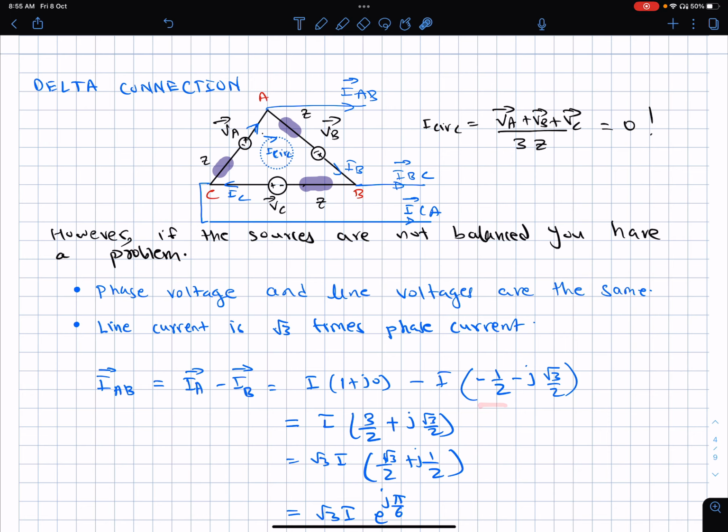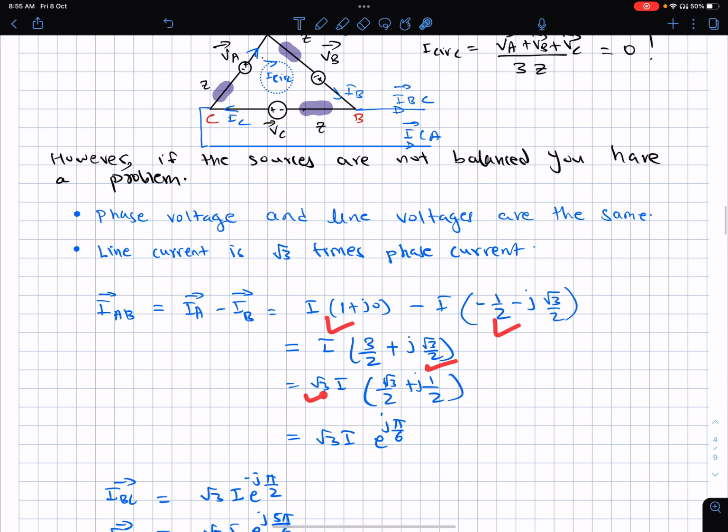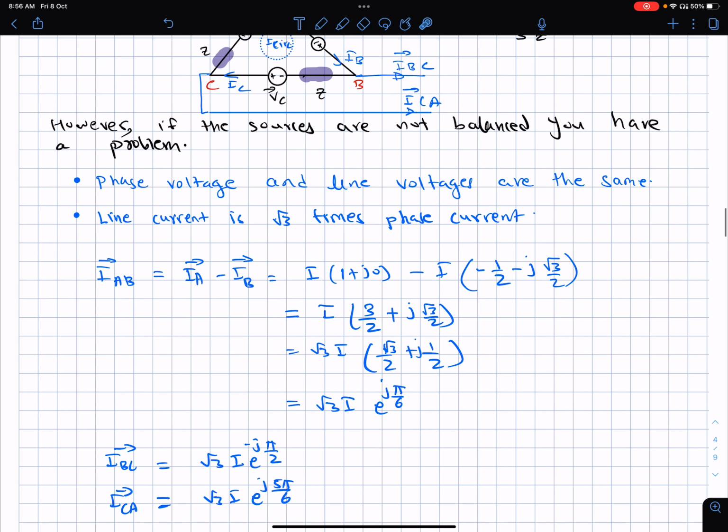So it will be cos of 120 degrees, which is minus half, plus j times sine of 120 degrees, which is minus j root 3 by 2, which will turn out to be I times 3 by 2 plus j times root 3 by 2. Again I can take root 3 common out, and I get root 3 I into root 3 by 2 plus j times half, which is root 3 I into e to the power j 30 degrees. In polar coordinates, the magnitude is root 3 I and the angle becomes 30 degrees.